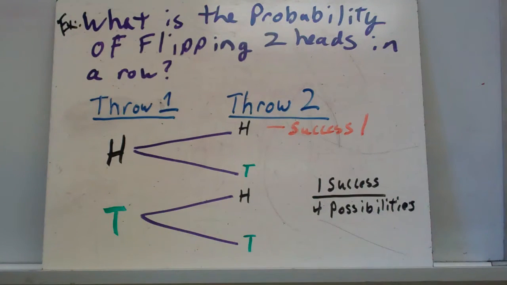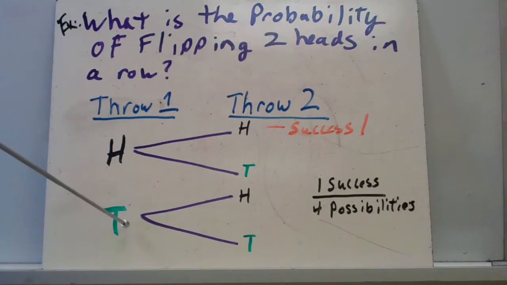Well, we look at our possible outcomes, and I made a little chart here to show us what our outcomes could look like. Our first throw, we could have a heads or a tails. On our second throw, if we threw a heads first, we could also have a heads or a tails. And if we get a heads first and a heads second, we would have one success.